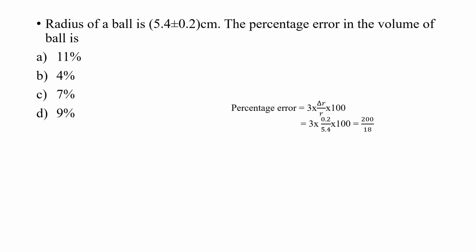On substituting delta r as 0.2 and r as 5.4, you get the answer as 11%. The question once again: the radius of a ball is 5.4 plus or minus 0.2 centimeter. The percentage error in the volume of the ball is option A, which is 11%.